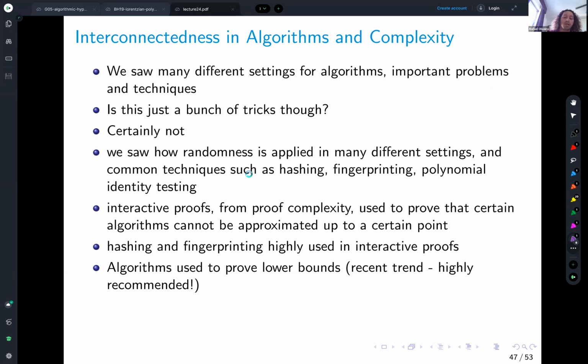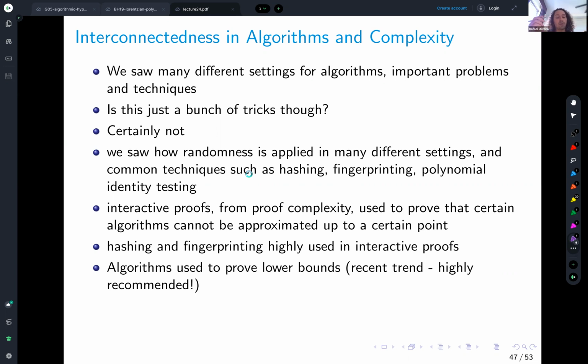So in particular, for example, we learned how by getting interactive proofs, we can prove the PCP theorem, which is an algorithm, right? Which says there exists this proof system that can actually solve all the problems from NP, right? So this is an algorithm that once we have this characterization, we're able to get hardness of approximation.